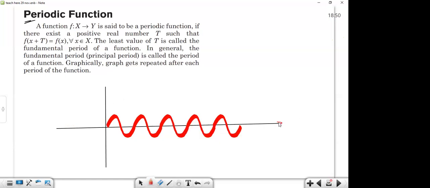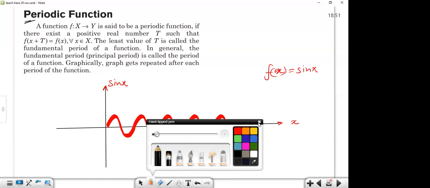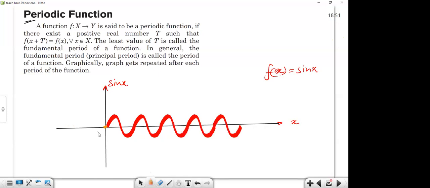This axis represents x, and our function is sine of x, so this axis represents sine of x. Let me mark the values. Sine 0 is 0. Sine pi by 2 is 1. Sine pi is 0.